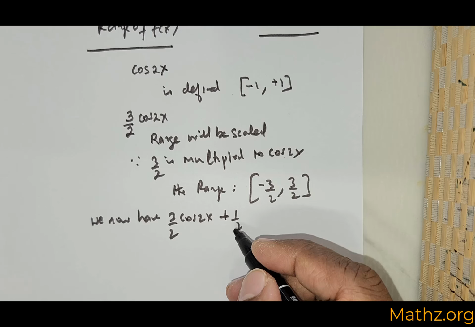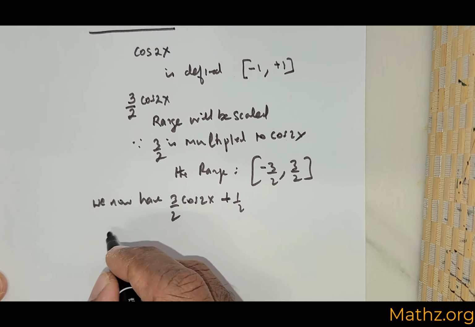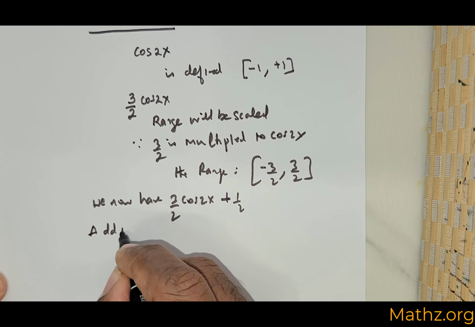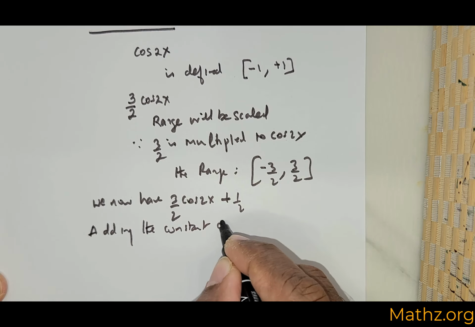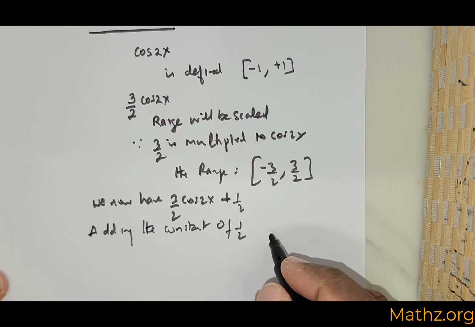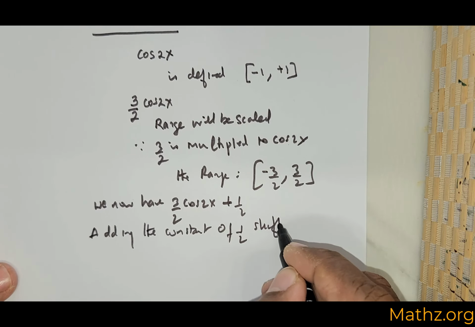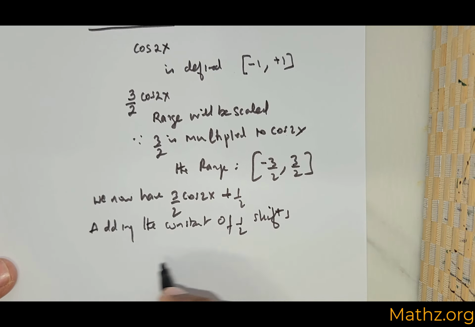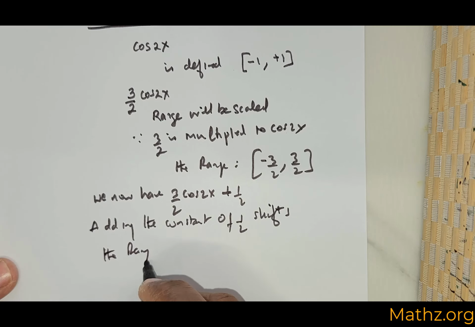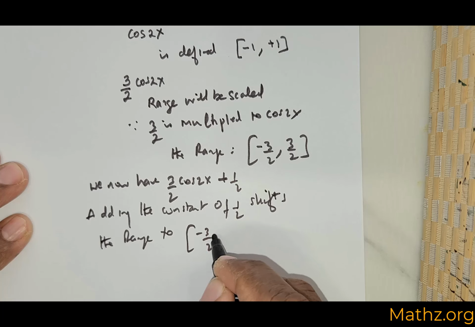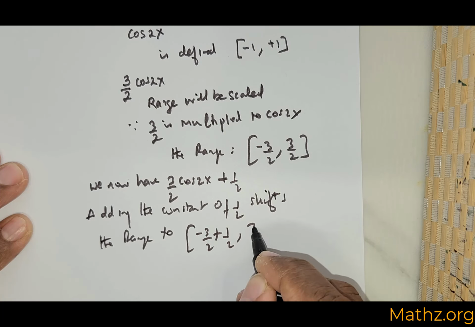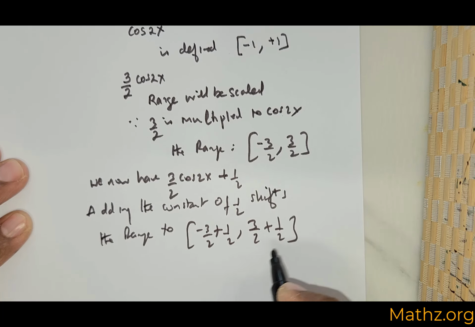So this means adding the constant of 1/2 will shift the range to negative 3/2 plus 1/2 comma 3/2 plus 1/2.